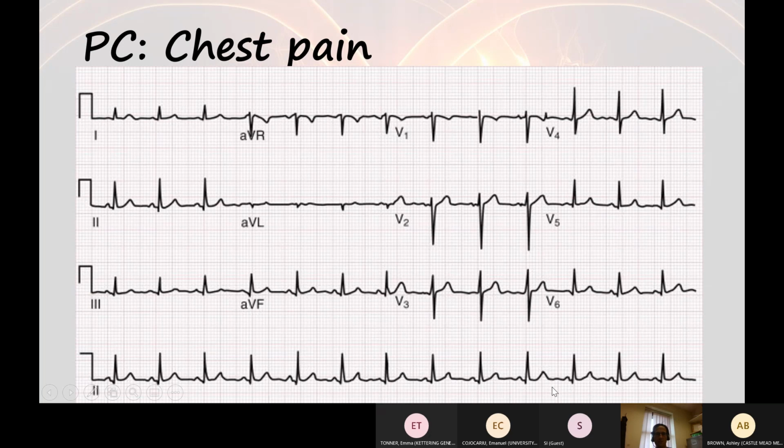And one more ECG. Can anybody tell me what this ECG shows?